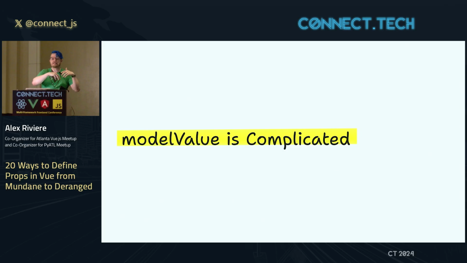You then have to define an event called update:model value. You're then going to have to deal with the prop coming in, and then when something changes, emitting that change. Very complicated. Wouldn't it be great if we could call one thing and get all of that as a computed value or something? Wouldn't that be nice? Good news.